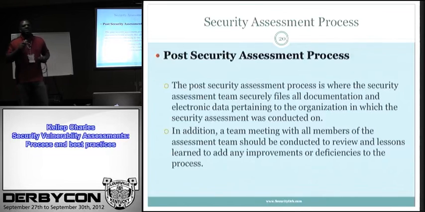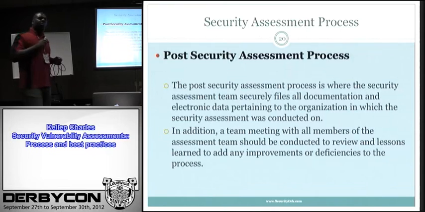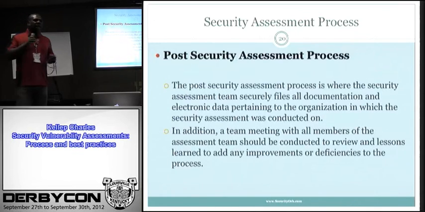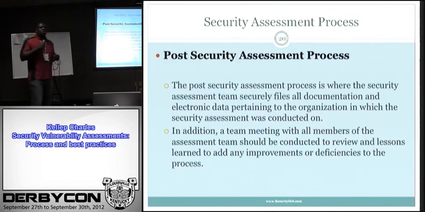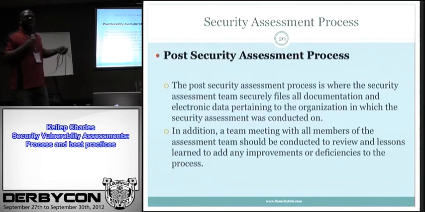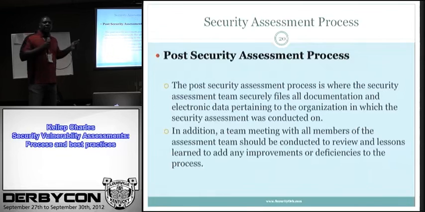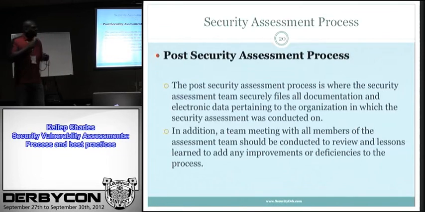And the post-security assessment process, this is a very important part. This is what we do once we get back from a security assessment. We had one site where every time the scanner would hit port 8080, it would lock up the site and the scanner. This was something we were able to identify and put in our post-security assessment report, so whenever another team goes out to that site, this is information they would have within the folder.